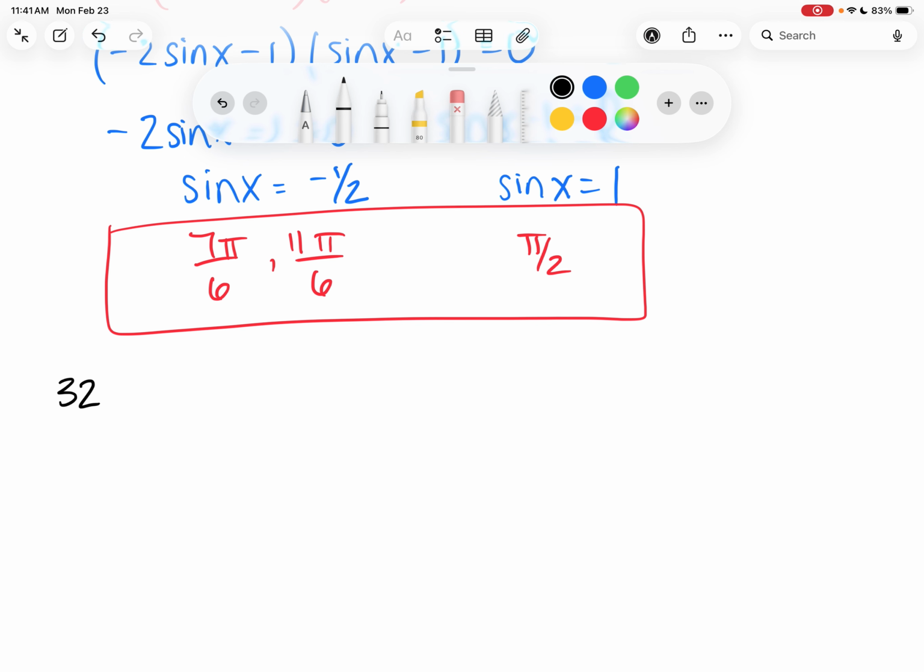So 32, we have the tangent of 195 degrees. We're using our half angle identities here, and we need to figure out what this is the half angle of.